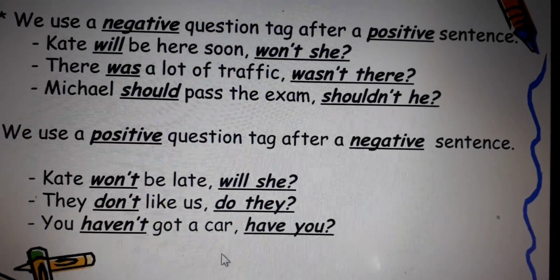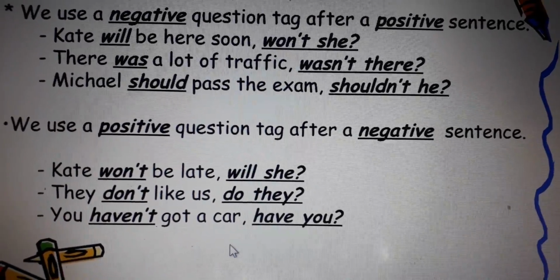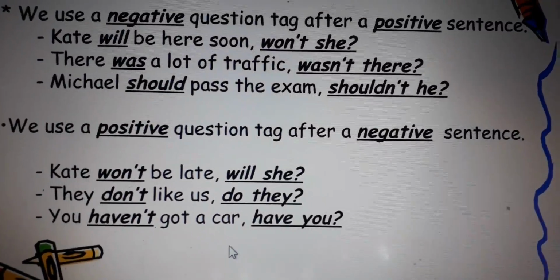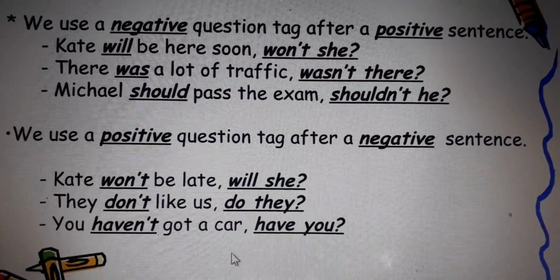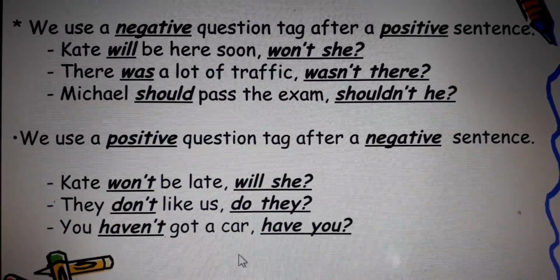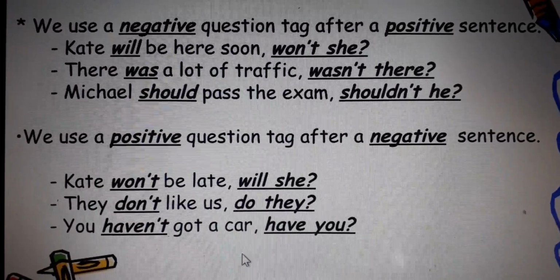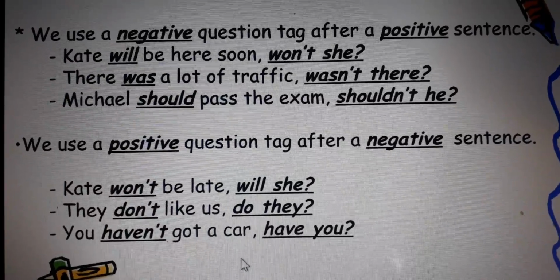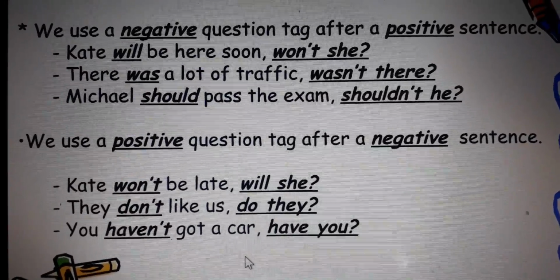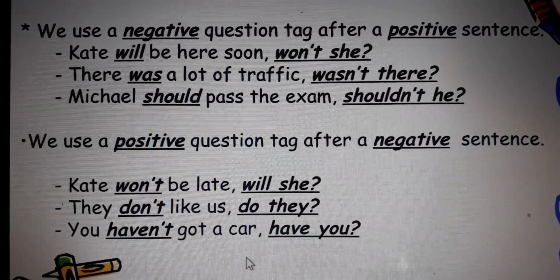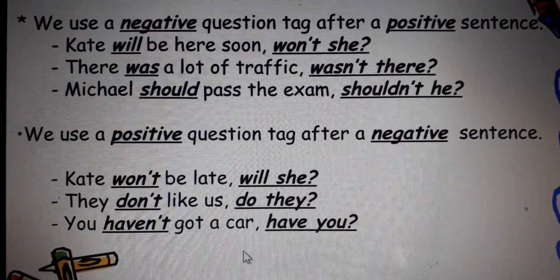Now what if there is no helping verb in the sentence? How will you form the question tag? There also you have to apply the rule of do, does and did, right? You have to identify whether the sentence is in present or past tense. If it is in present tense, see the subject, you will use do or does, and if it is in past tense, you have to use did.